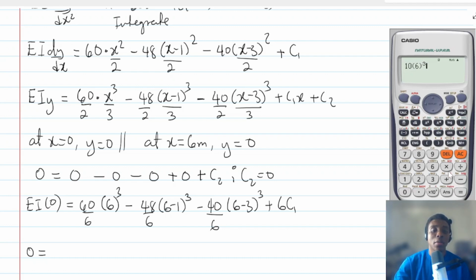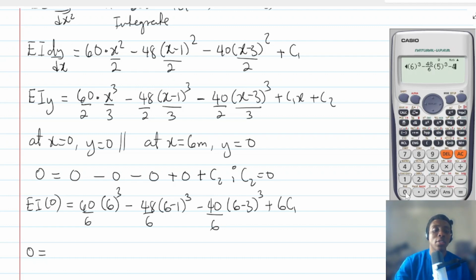Then minus 48 divided by 6, then 6 minus 1 is 5 raised to the power 3.